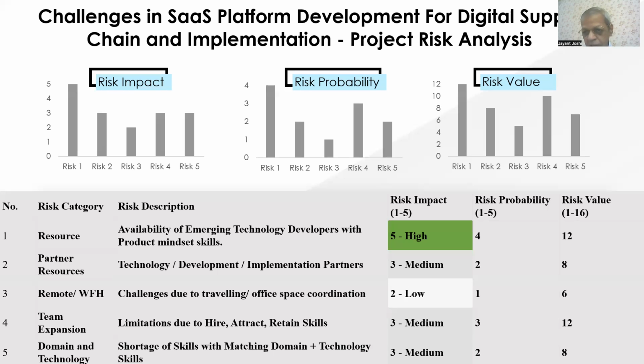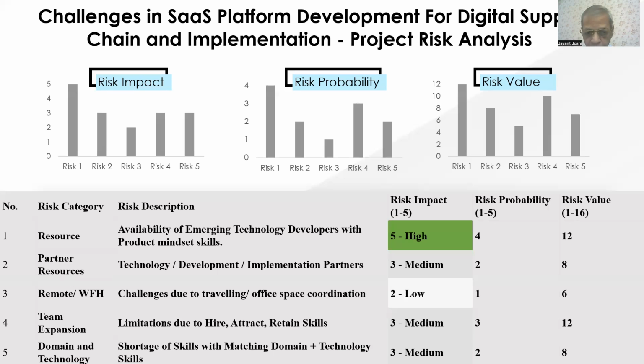And when it comes to risk probability, I gave it, from 1 to 5, about the fourth thing. And we had done a percentage grading for these things, and that is how we see that the risk value is about 12% or something like that.